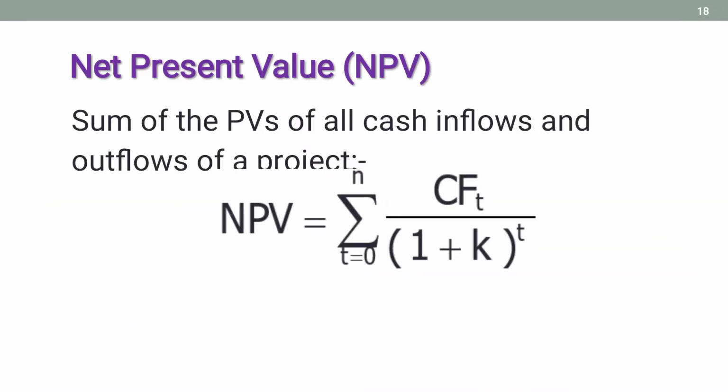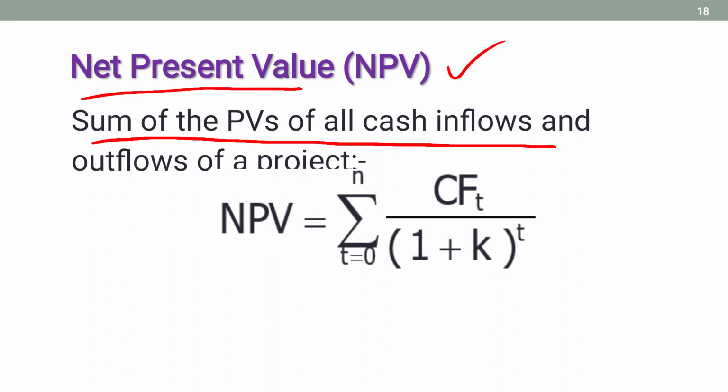We are moving to another technique which is coming under the discounted cash flow method, right? In other words, this technique considers the time value of money. Net present value, simply we say NPV. Sum of the present value of all cash inflows and outflows of the project.